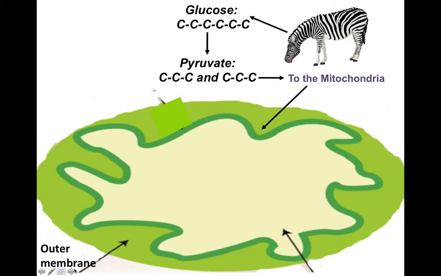So here's the outer membrane, the lime green looking part. The cristae is right here, your inner membrane. If you don't have the arrows in your notes, you can draw them in. And this down here is pointing to that yellow space. That's going to be your matrix, down here at the bottom. So the outer membrane, the inner membrane, and the matrix.